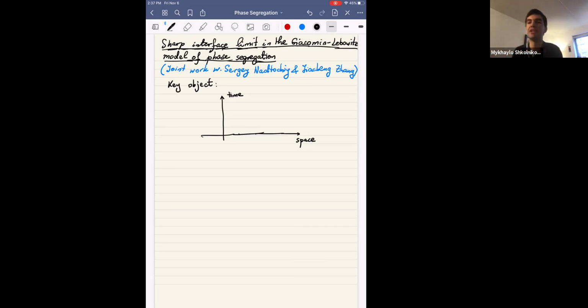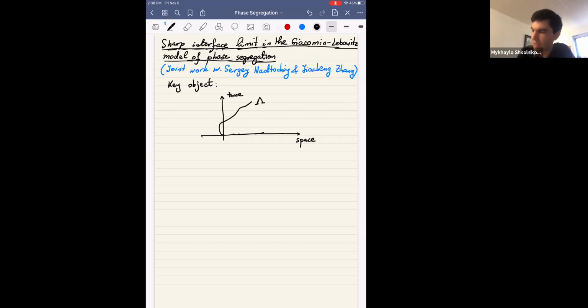This brings you to 1 dimension. Of course, it's interesting to think about the actual multidimensional process, but I will stick to dimension 1 for most of the talk. The key object that I will describe in a moment will be a free boundary problem. So there will be a boundary evolving in time.